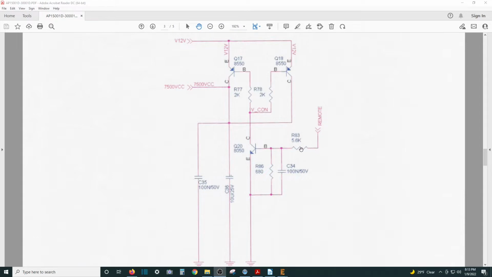So positive voltage comes in, it's voltage divided, so we've got a stable power here to turn this transistor on. Well, when this transistor turns on, it completes a path to ground. And that path to ground through these two resistors turns on these two.